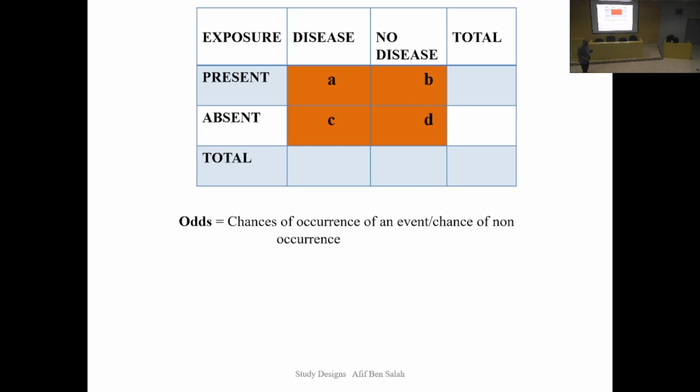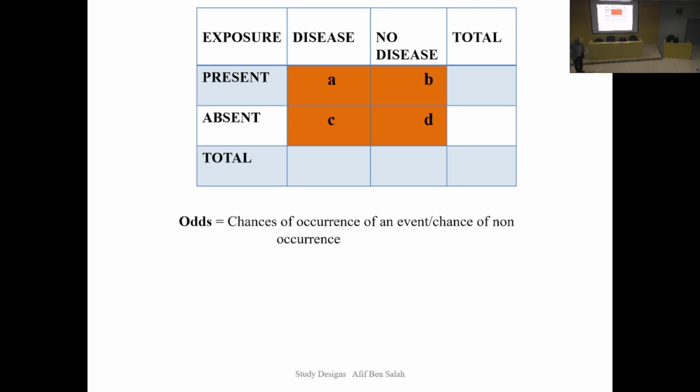Right, it's A over C: chances of occurrence, which is the exposure A, divided by chance of non-occurrence, which is C. And the odds of exposure among no disease? B over D. Did you all understand this?